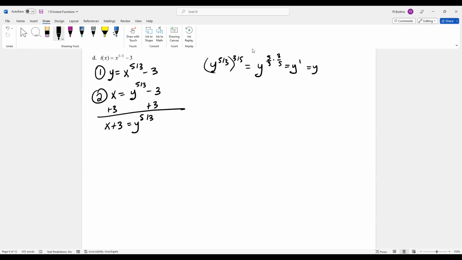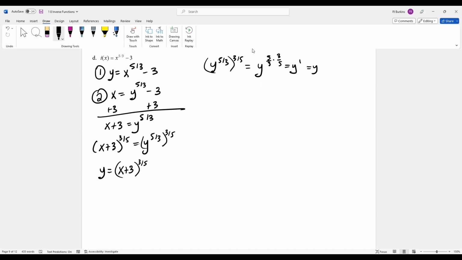So I need to raise both sides of this equation to the 3/5. And so I get y equals x plus 3 to the 3/5 power.